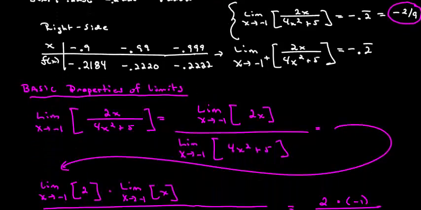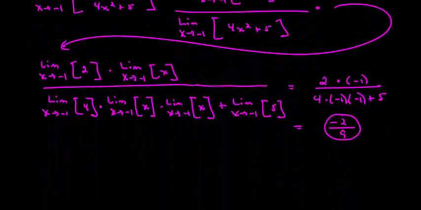So the last one asks us to use continuity. And this is the one that you like the most because it's the easiest to compute. So how does this work? We want to know, what is the limit as x approaches -1 of 2x over 4x squared plus 5?